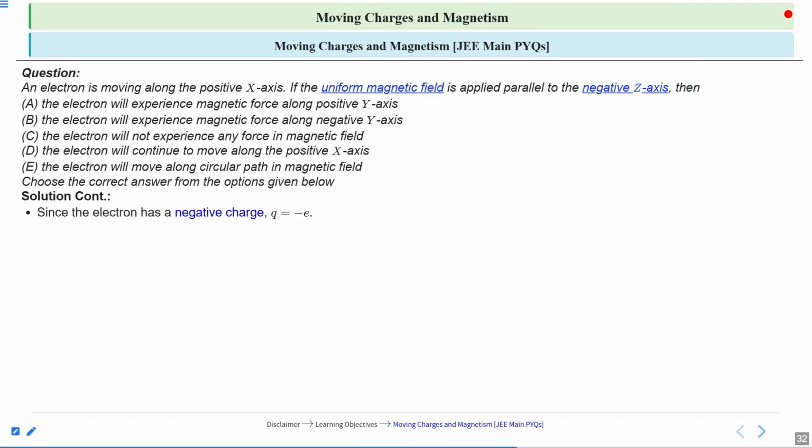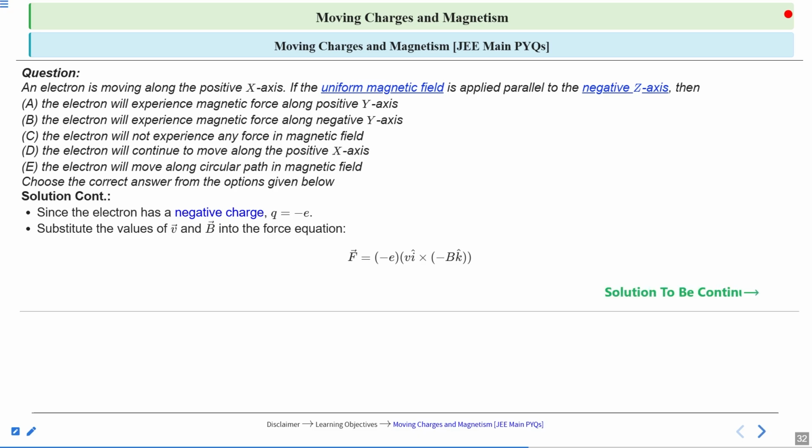Now we know the electron has a negative charge, which is Q equal to minus E. Now put all these values in the expression of force, substituting the V vector and B vector into the force equation. So F vector will be equal to Q V cross B. Q is minus E, V is V i cap cross minus B k cap.